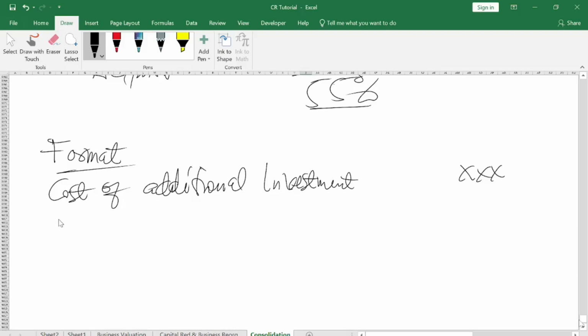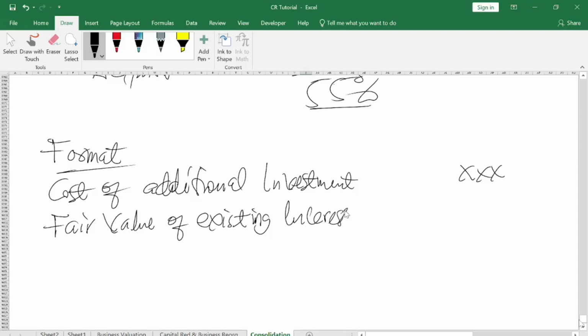You add the fair value of existing interest. You add it up, right? You understand? So cost of additional investment, fair value of existing interest.